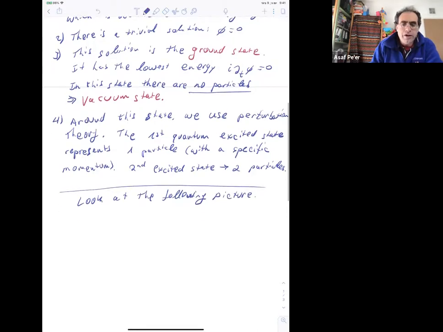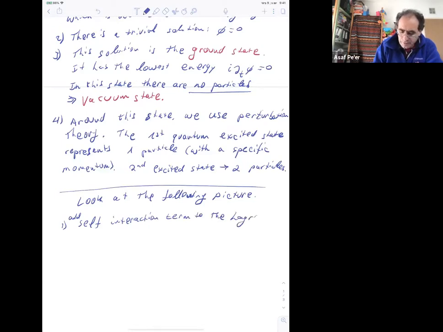So let's add a self-interaction term to the Lagrangian. What happens in this case? We say that the particle is no longer free.